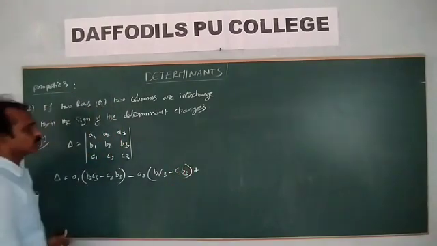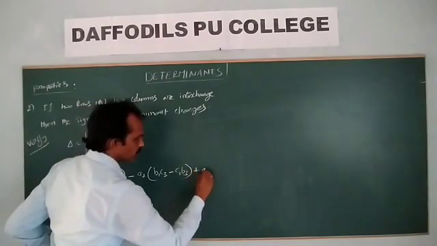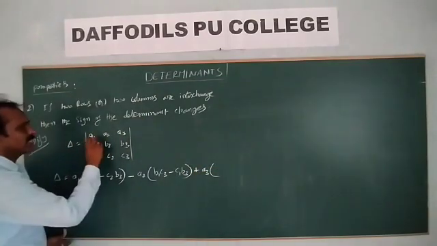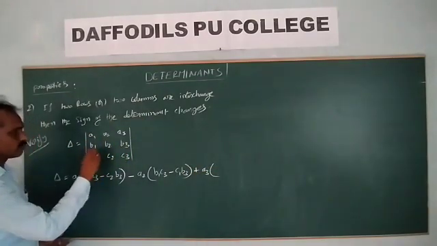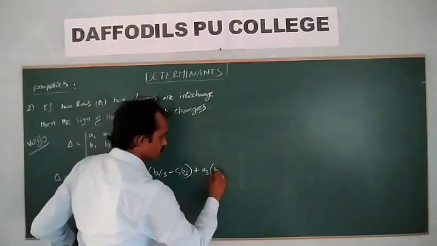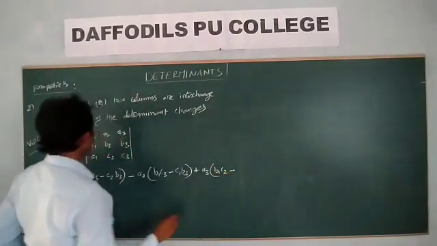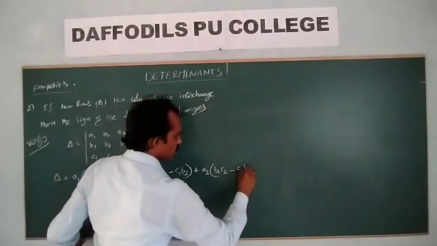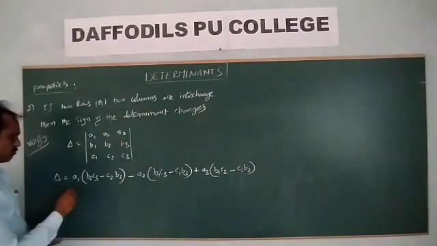Next plus A3 of, deleting this row and this column, B1 C2 minus C1 B2.